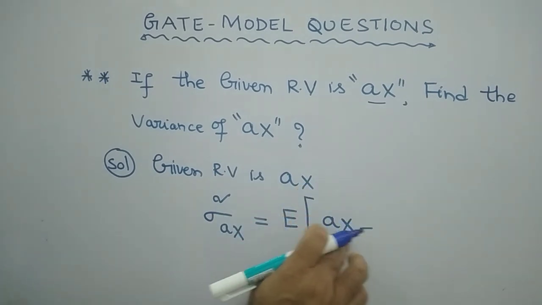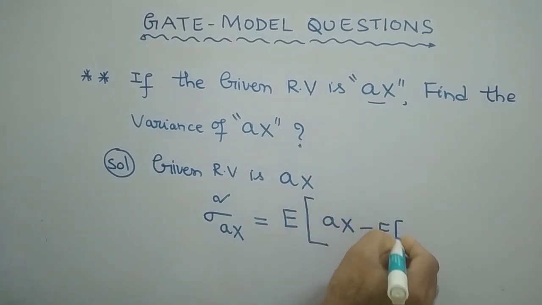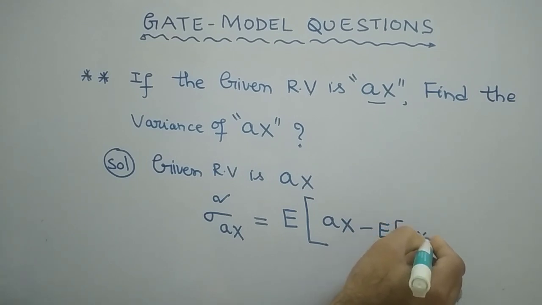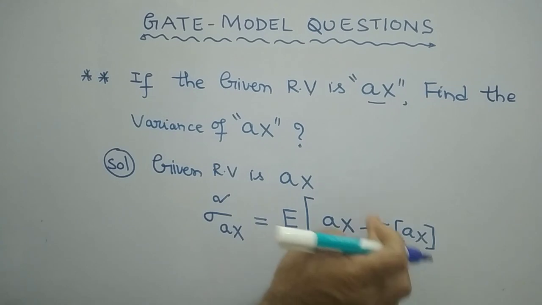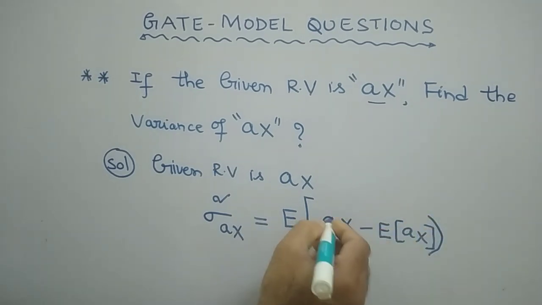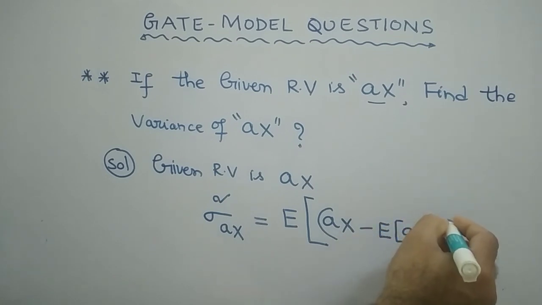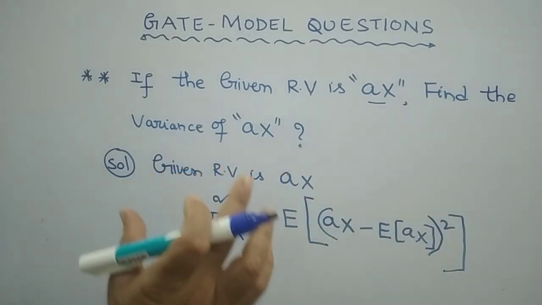What is the mean value of ax? The mean value is the expected of a into x. Take the square of this difference. That's it. So this is the formula.